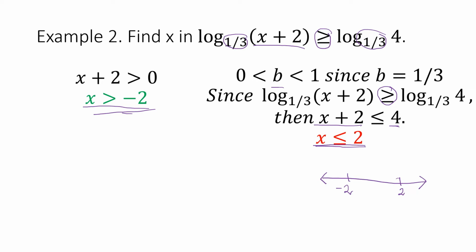So that means it cannot be exactly -2. So we'll have an open circle here. Draw an open circle. Okay. And then all the values of x which are greater than -2. And those numbers are located to the right of -2. Let us shade also the arrow.